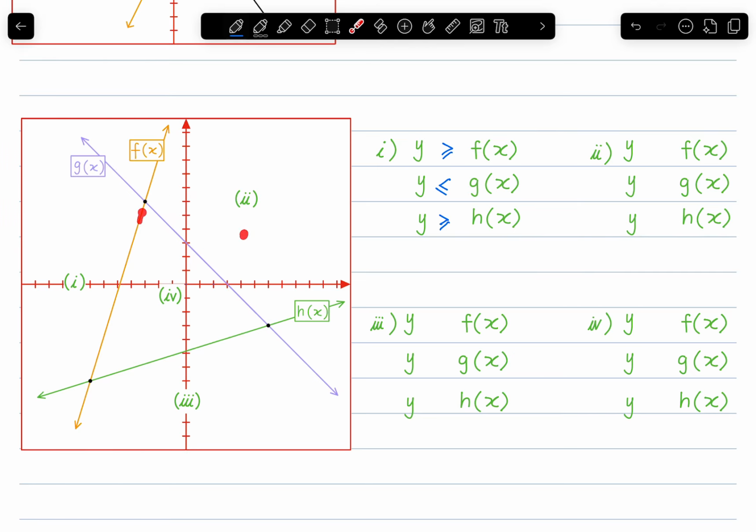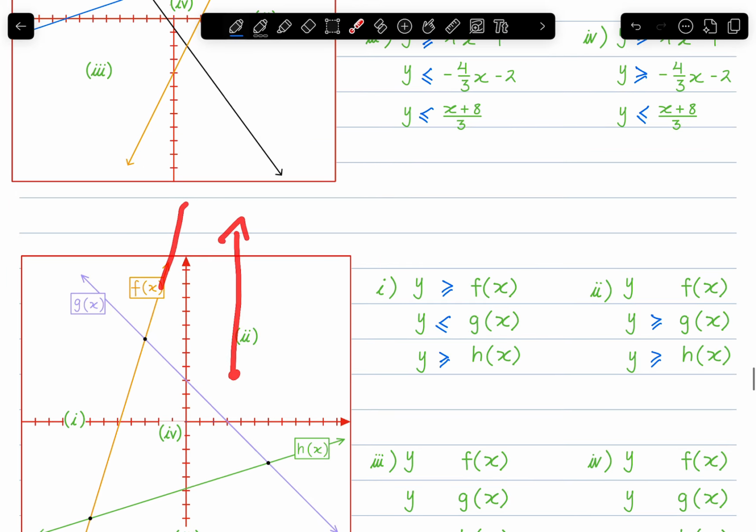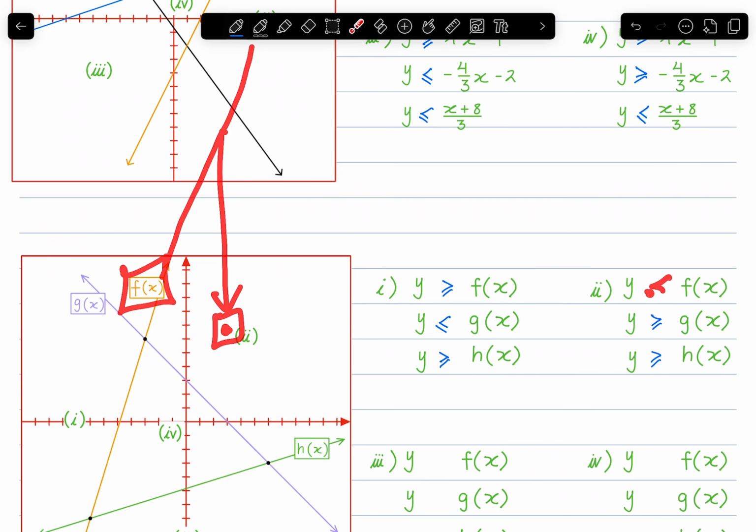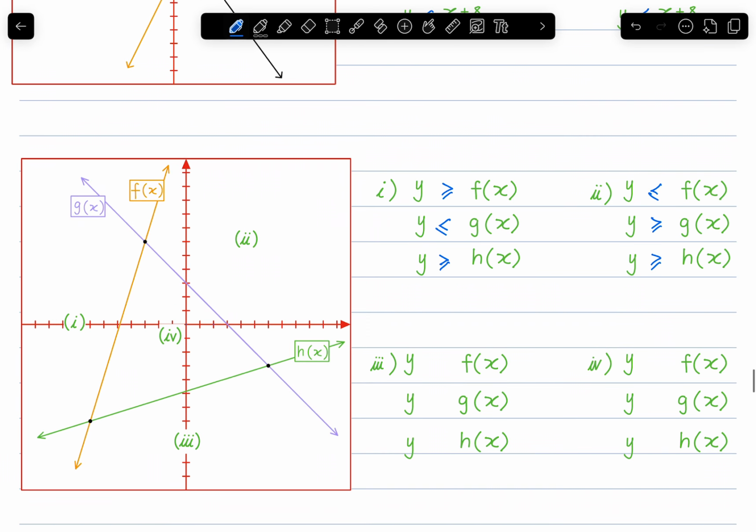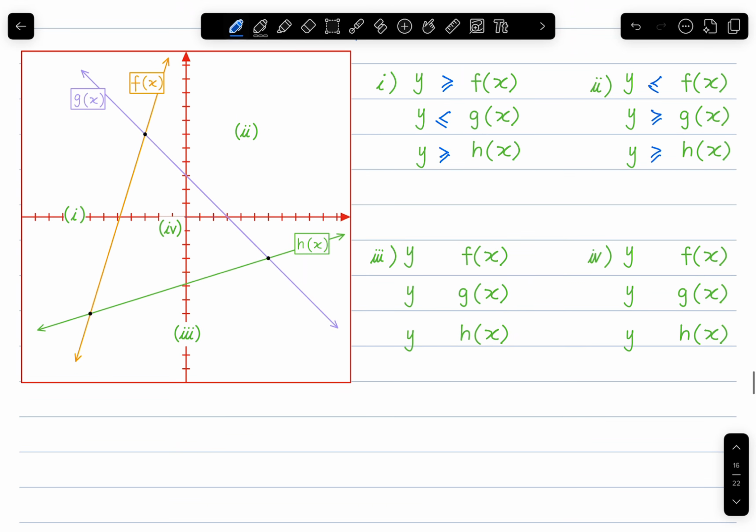This one's a little tricky because this line is off the grid, but this point is above or greater than G and greater than H. So greater than G, greater than H. But as I alluded to a moment ago, we have to imagine this line all the way here because this point that we're testing is below F. So it has to be below or less than or equal to F. That's the combination there.